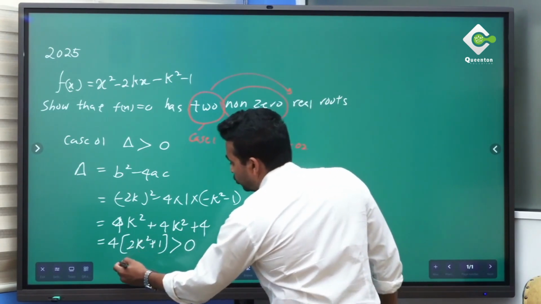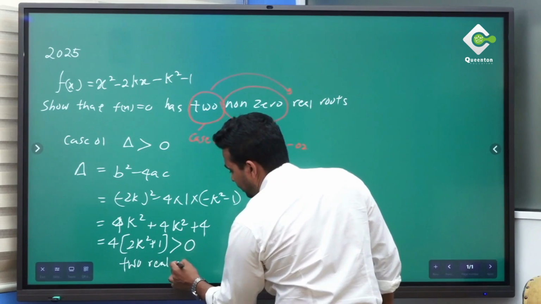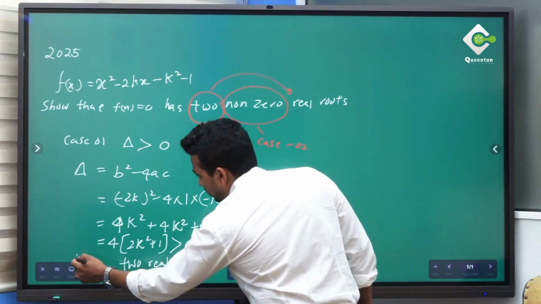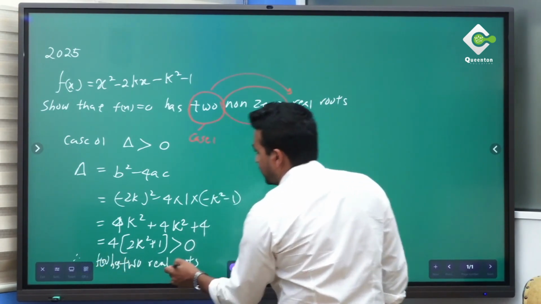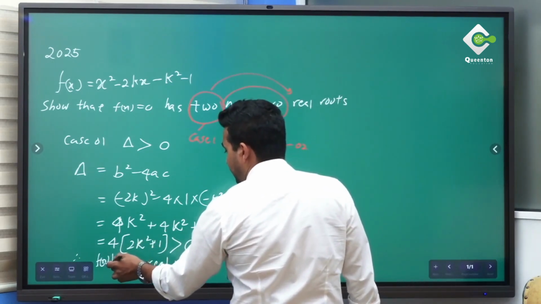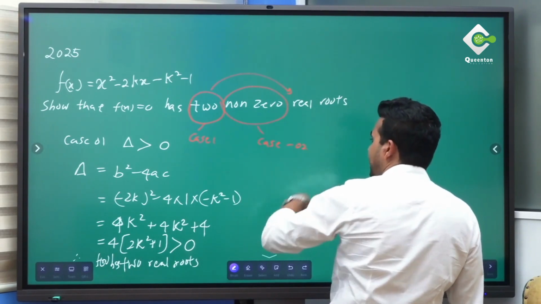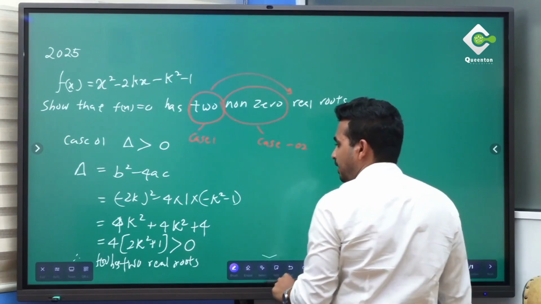Then we have 2. Now the first condition is okay, because f(x) has 2 real roots. But we didn't prove non-zero real roots, right?